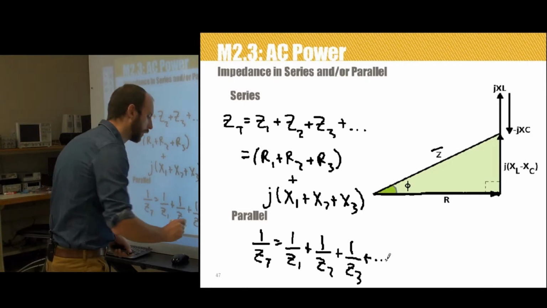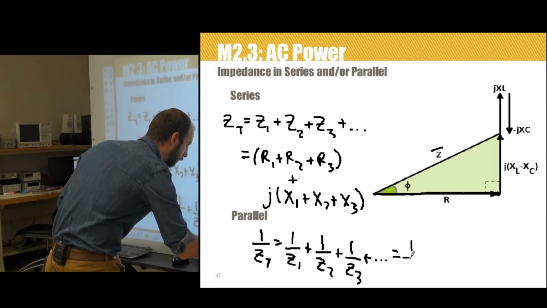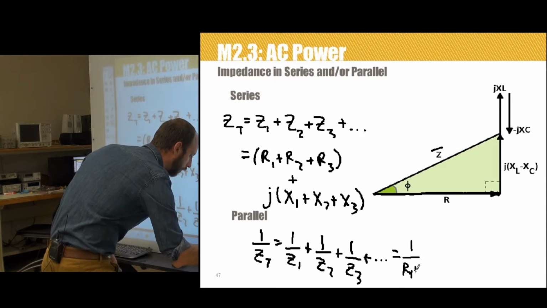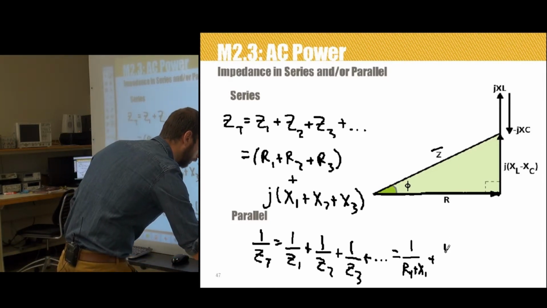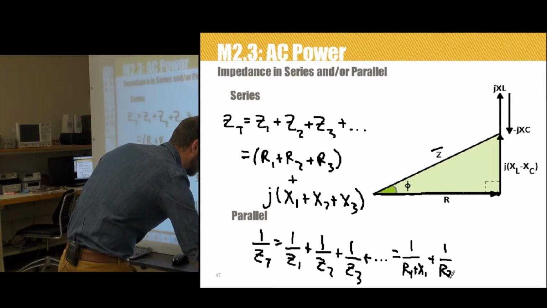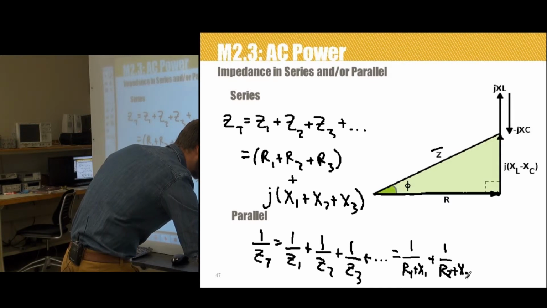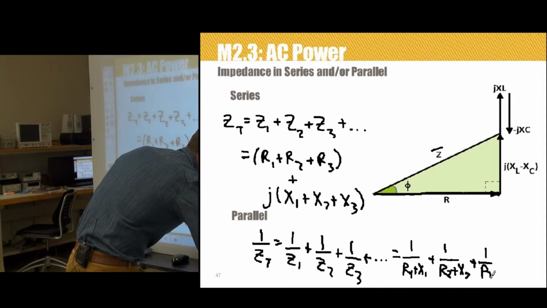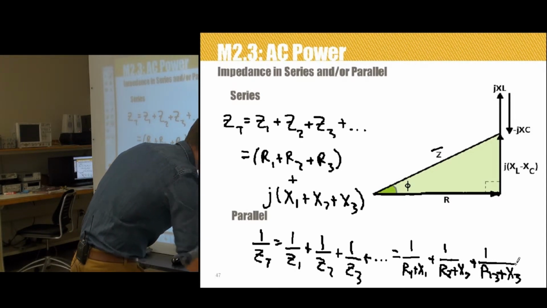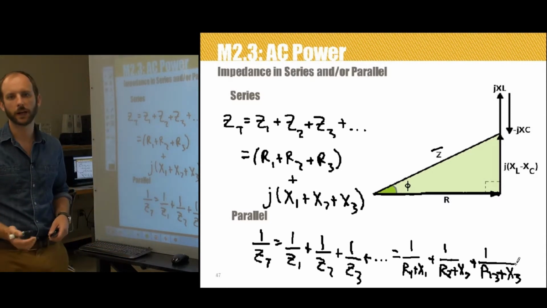The best we can do is that it's equal to 1 over (R1 plus X1) plus 1 over (R2 plus X2) plus 1 over (R3 plus X3), right? We can't break the real and reactive components.